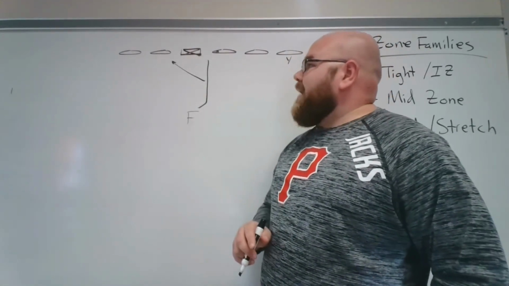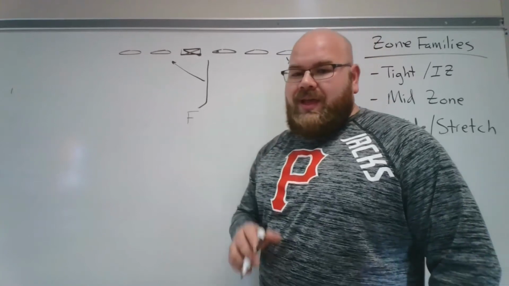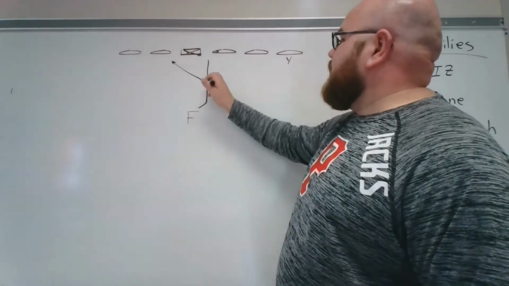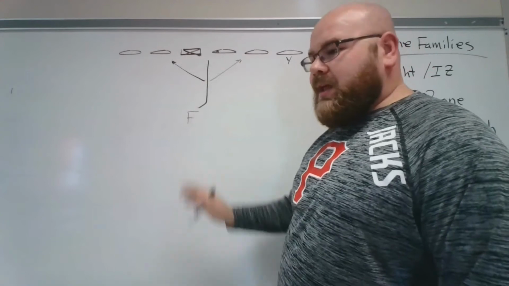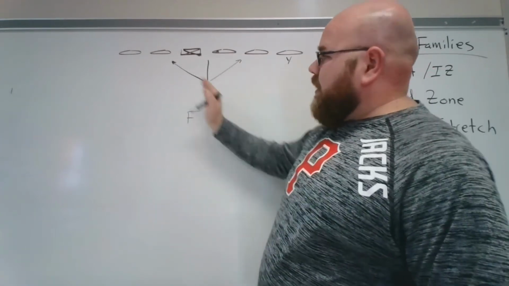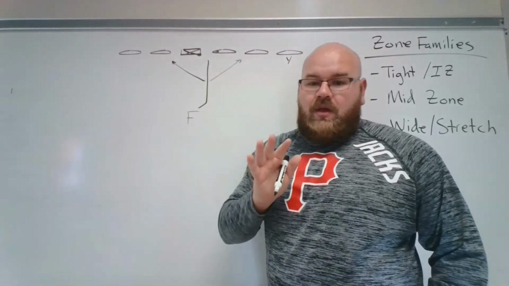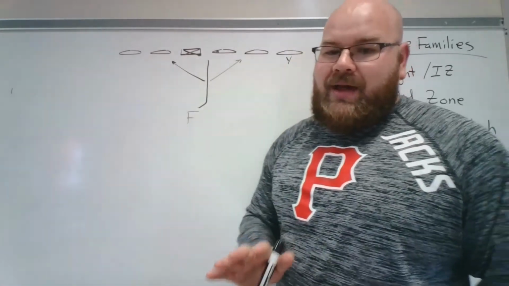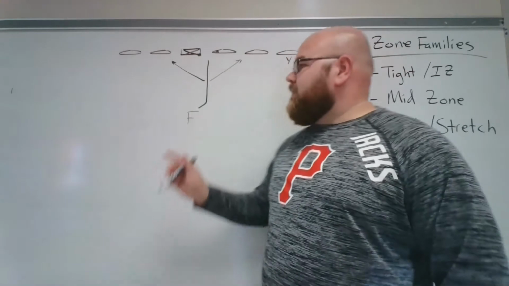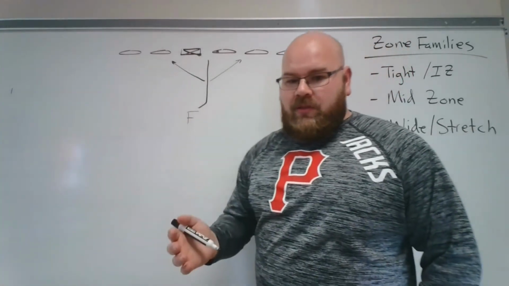Now, what happens with running tight zone is, yes, people preach all the time about zone: it can bounce, it can bang, or it can bend, and that is true. But what I've found, at least with how I run the play and how I block the play, is that very rarely do we get the bounce.